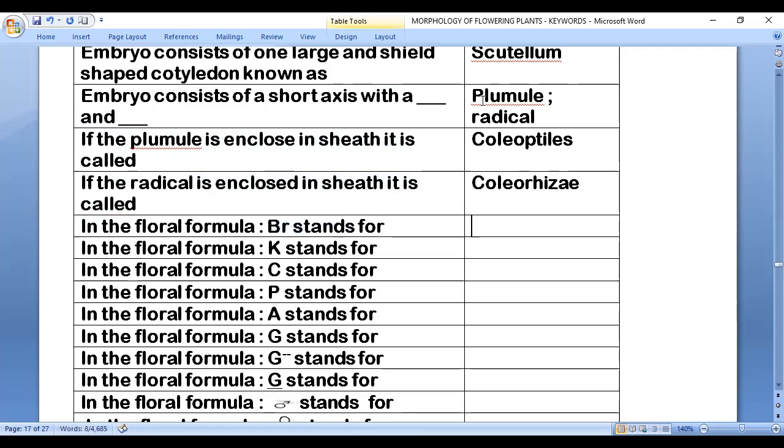In the floral formula, Br stands for bracteate.